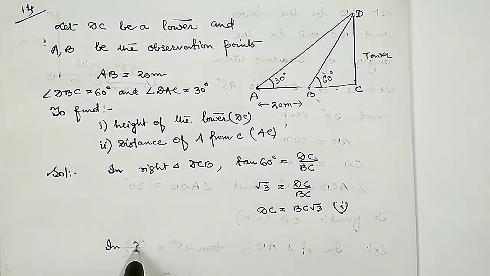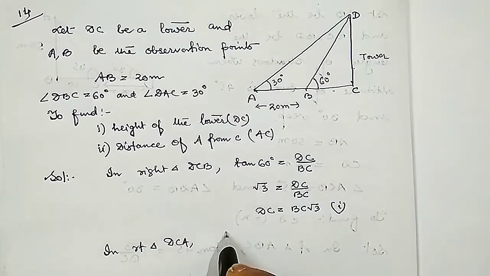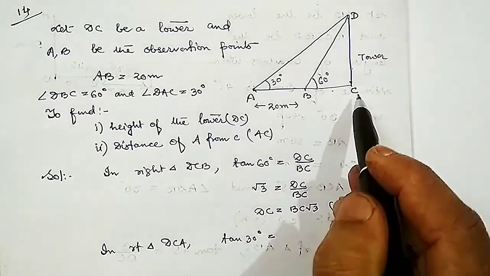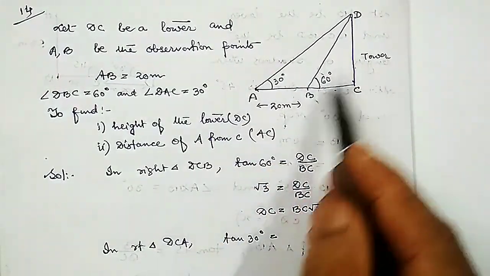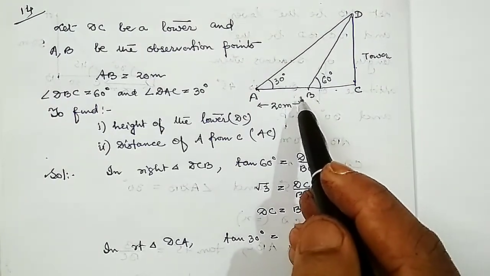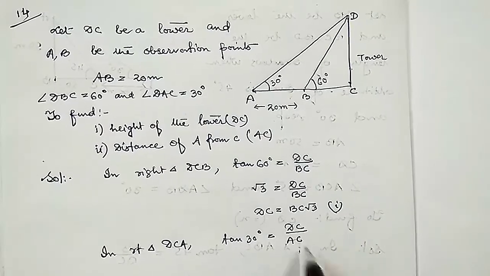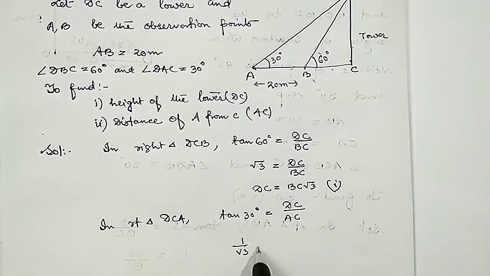In right triangle DCA, tan 30 degrees equals DC by AC. Since here perpendicular and base, these two are needed, I am using tan theta. So tan 30 will be DC by AC. Now tan 30's value is 1 by √3.